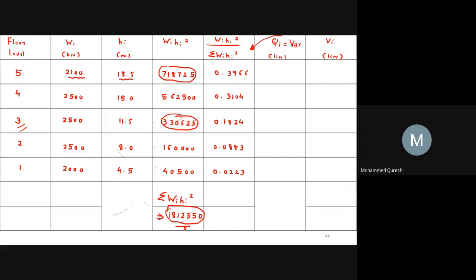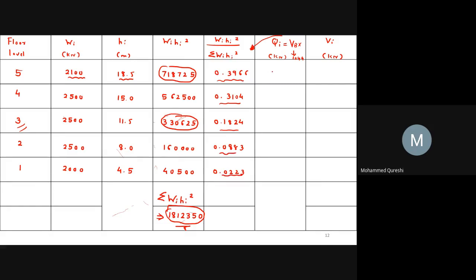So the value of VB that we obtained earlier is 1044. So we have to multiply all these columns with 1044.